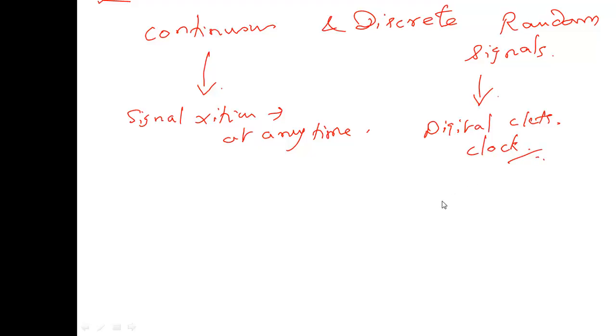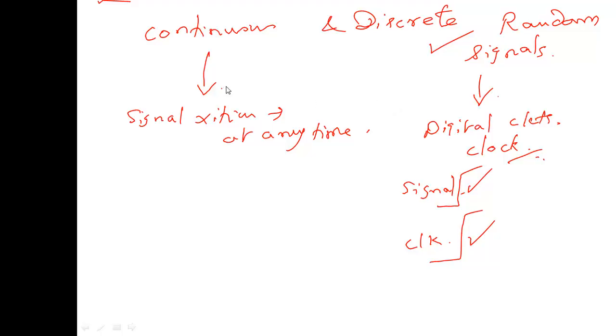Whenever a transition happens in accordance with the clock timing, or multiples of the clock signal, then I would say it is a discrete random signal.